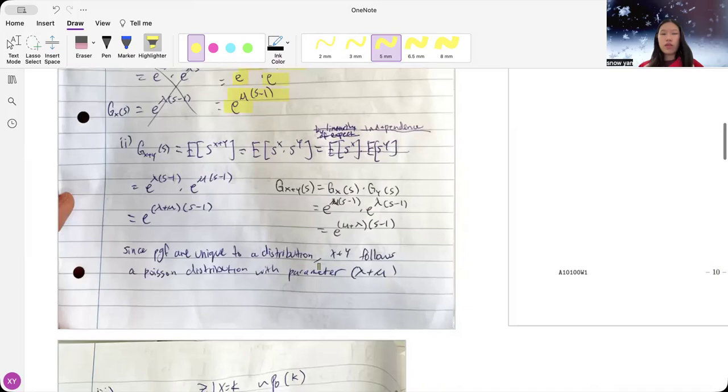I made a mistake here, but we know that the generating function of the sum of X and Y is the product of the generating function of X times the generating function of Y. We know the generating function for X is e to the mu(s minus 1), and for Y it's e to the lambda(s minus 1). So we can combine them to get this.